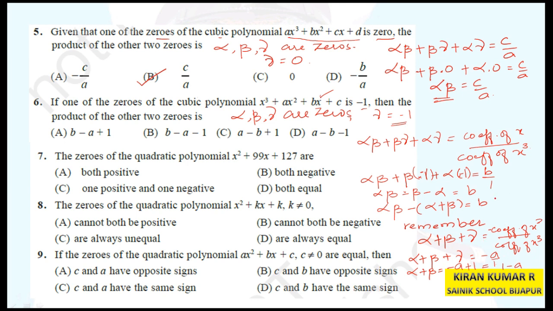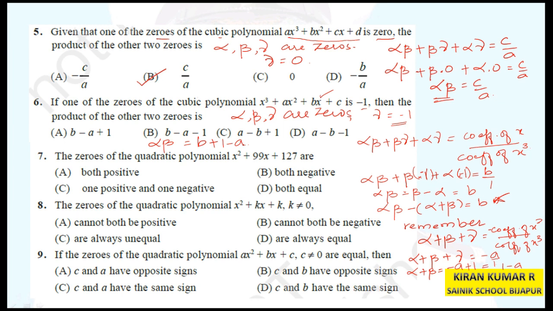Therefore, when we look at this expression, product of the zeros, alpha beta will be b plus alpha plus beta, which is 1 minus a. Where do we have this expression?